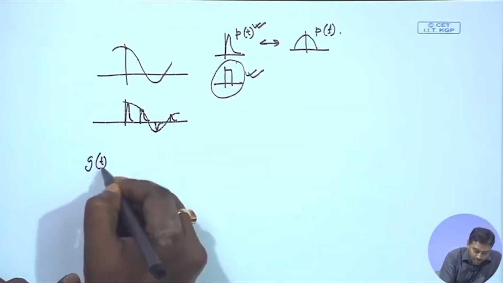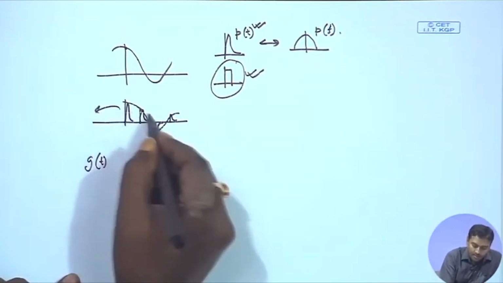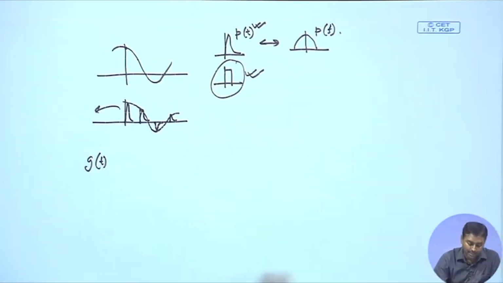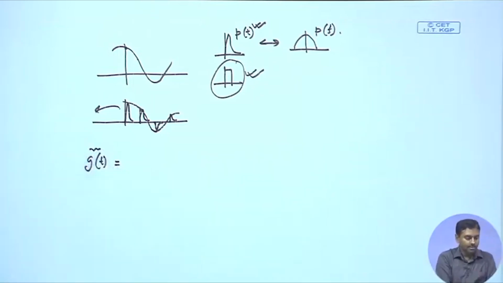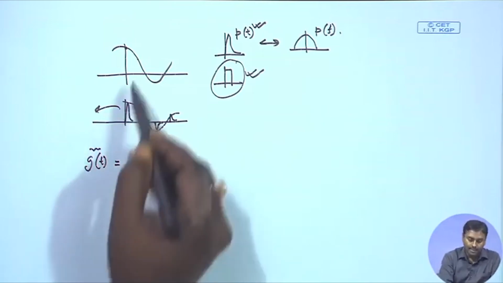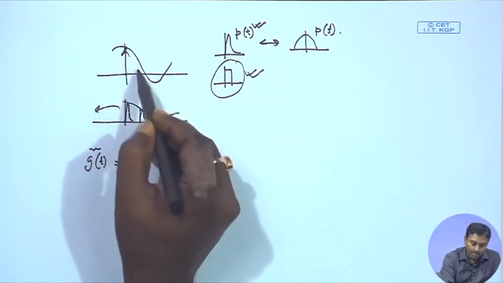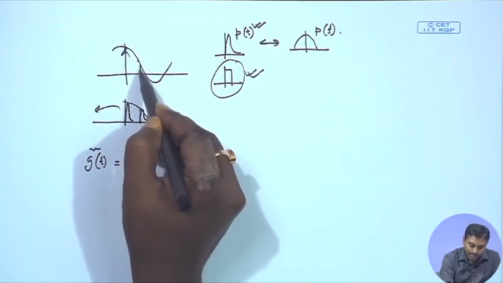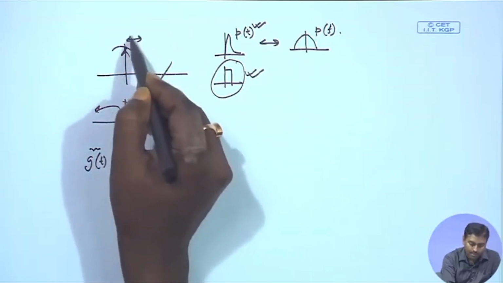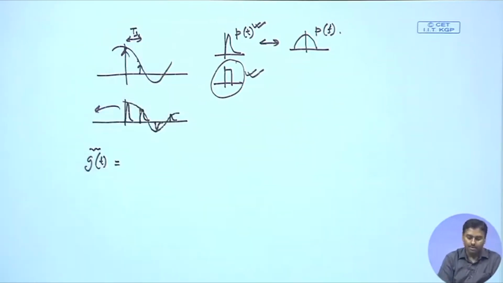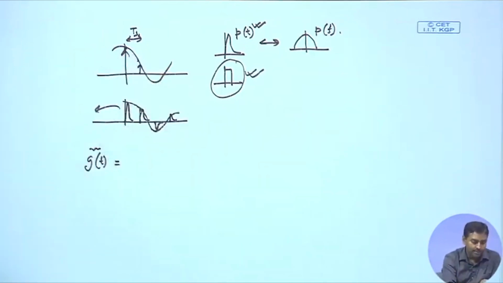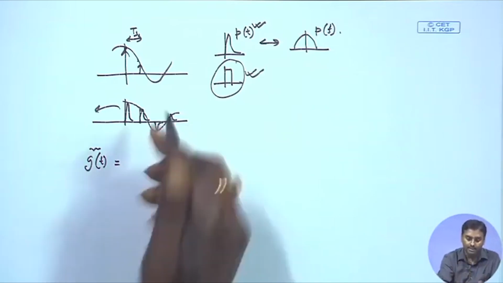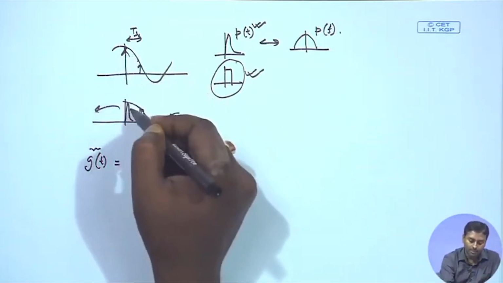Let us call this modulated pulse train g tilde(t). What is this? We are just taking a sample at every instance separated by Ts, and multiplying the strength of that sample with the pulse.